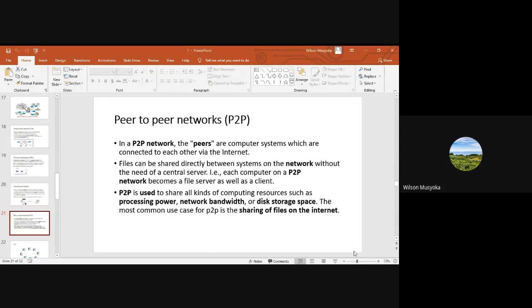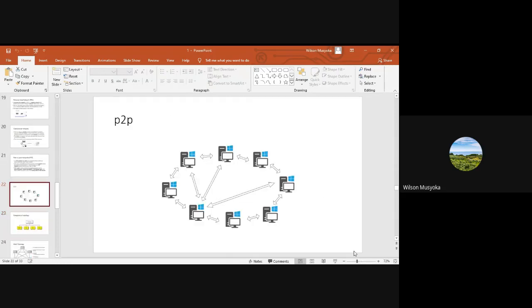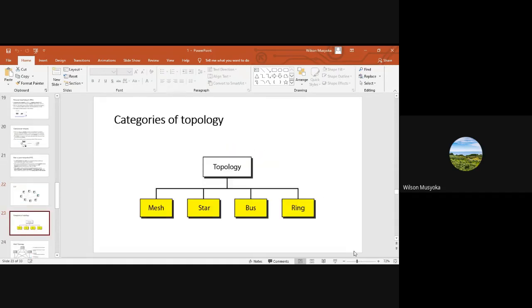So that is what creates a peer-to-peer network. You are accessing another device remotely, you are getting files or you are getting resources from that device and you are using them on your local device. That is what refers to it as a peer-to-peer network.